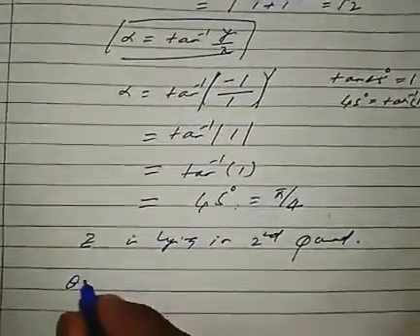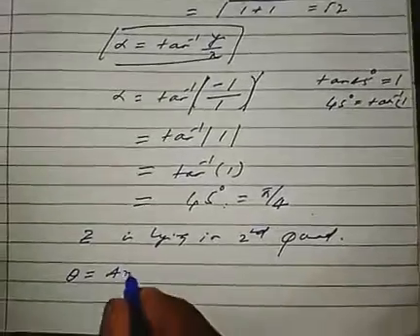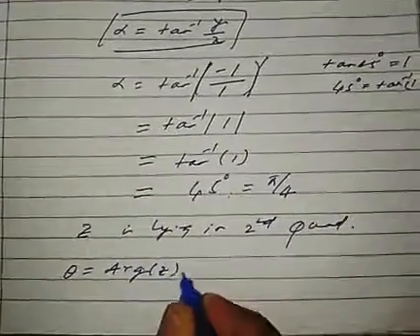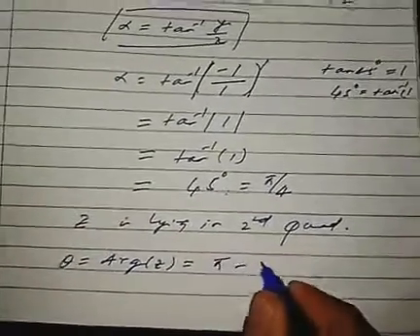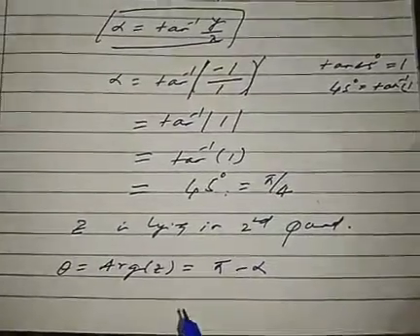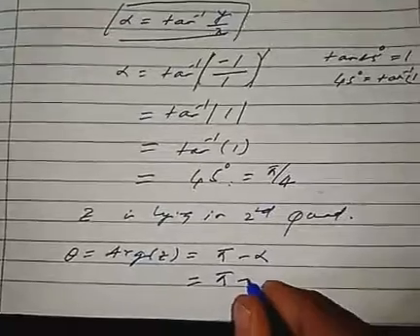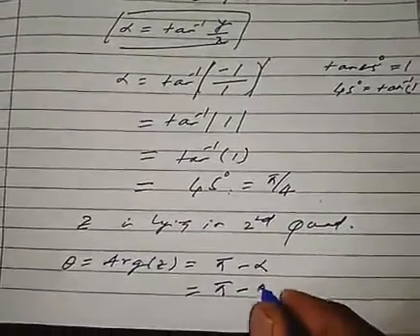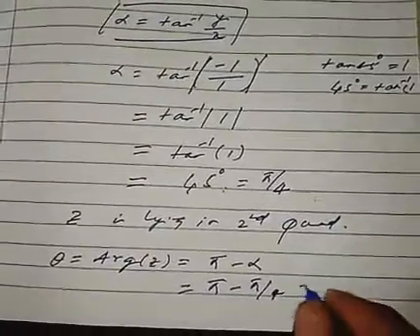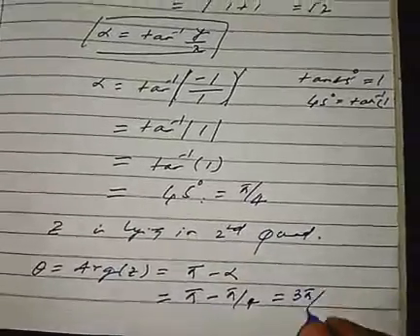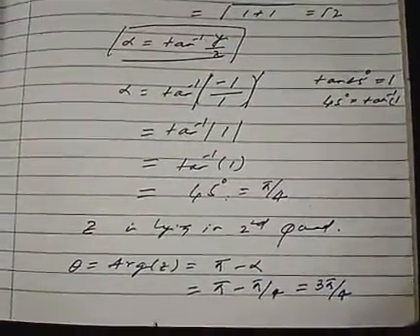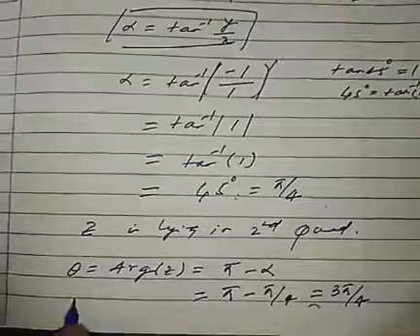What is theta for that? Theta, that is the argument of z, is pi minus alpha. We have already gone through this concept in the previous class. Alpha is pi by 4 here, so that will give you 3 pi by 4. So 3 pi by 4 will be the argument or theta.